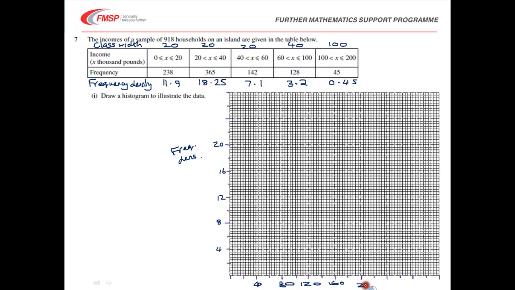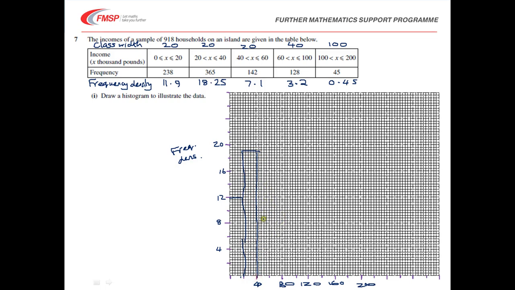Right, but my bars are not going to be all as wide as that. So the first bar is only 20 wide, and this is going to be terribly wobbly, up to 11.9. So this is just giving you an idea. And then the next one up to 18.25, up to 40.